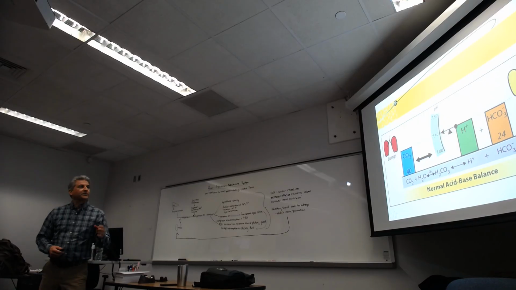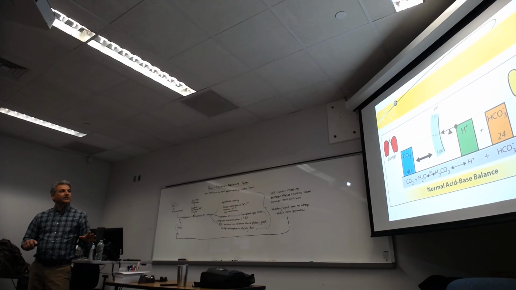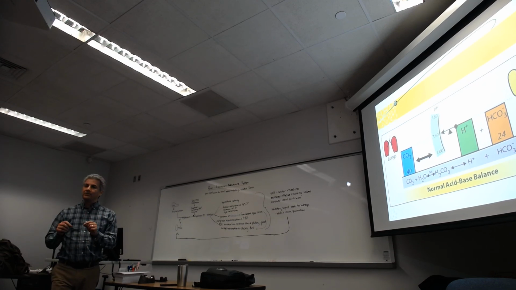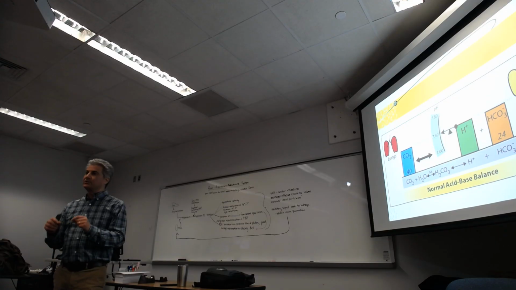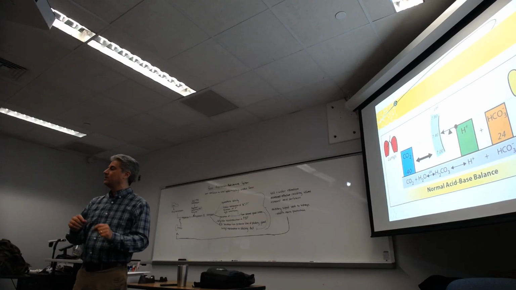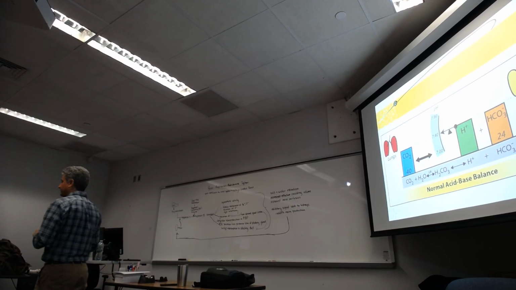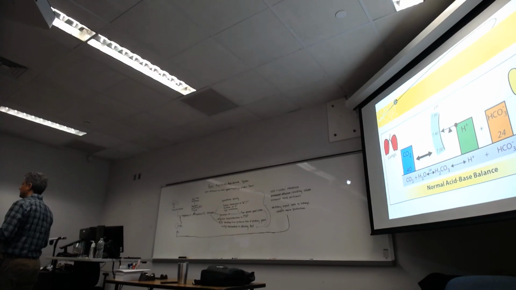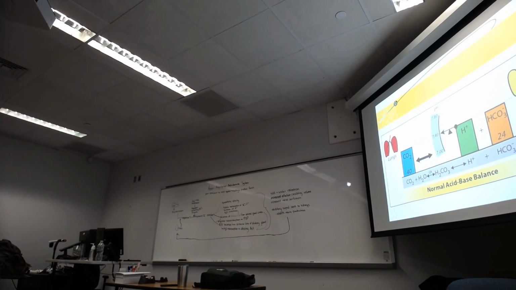All right, so we've got this balancer. We want this pH to be right in the middle, 7.40, and it can swing a little bit based on the number of hydrogen ions. The number of hydrogen ions tells you whether it's an acidic or alkalotic environment, because they directly relate to pH change.